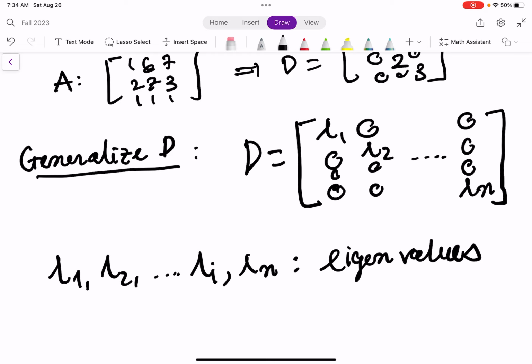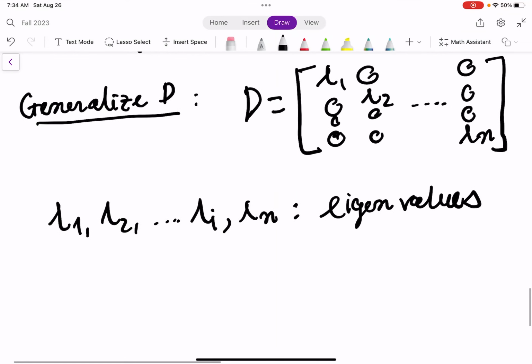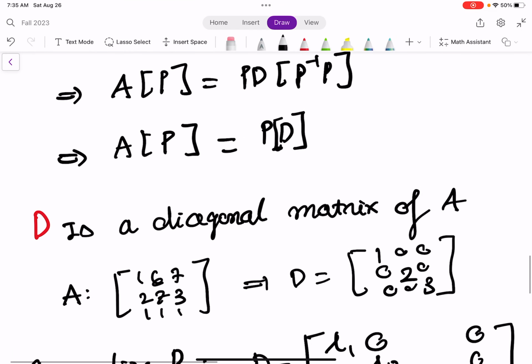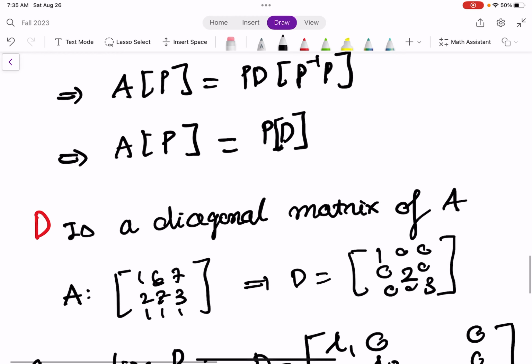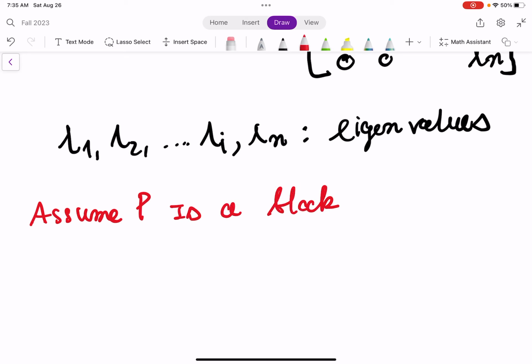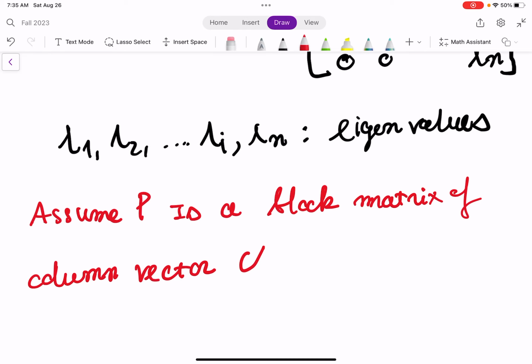Okay, so I'm gonna make an assumption, because if you look at our equation right now, AP equal to PD, you can say that, let me write in red, so assume P is a block matrix of column vectors alpha i.